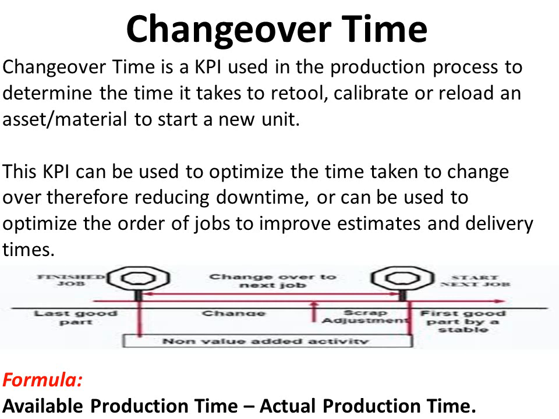This KPI can be used to optimize the changeover time, therefore reducing downtime, or to optimize the order of jobs to improve estimates and delivery times. The formula is available production time minus actual production time.